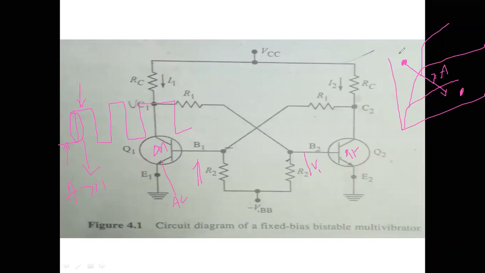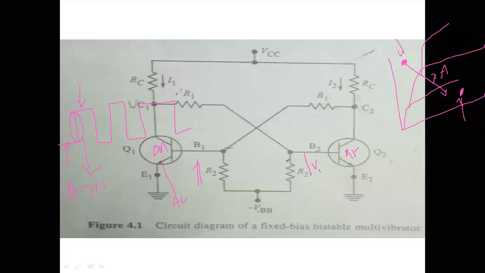When the transistor is operating here or here, that means in the saturation zone or cutoff zone, we call it a stable state. At this point the loop gain should be very small, less than unity. I think we are clear with this point. We have to choose these R values such that they satisfy this condition.